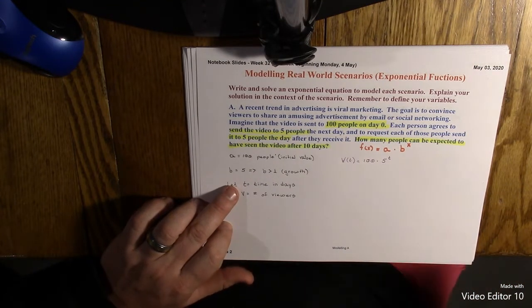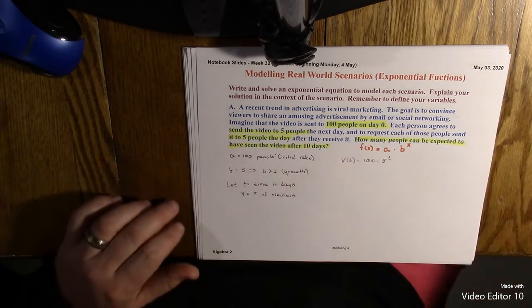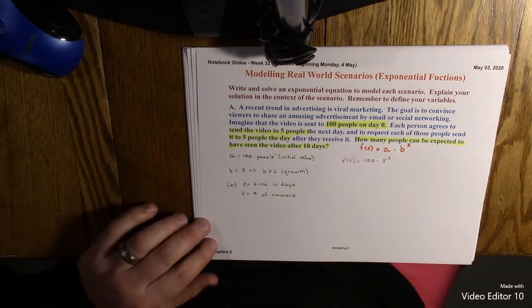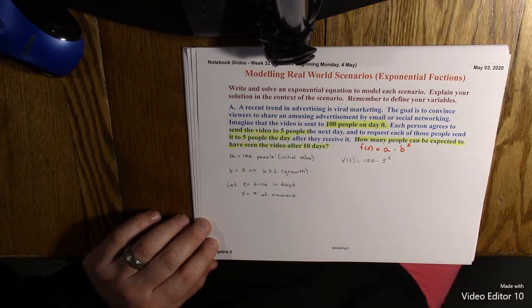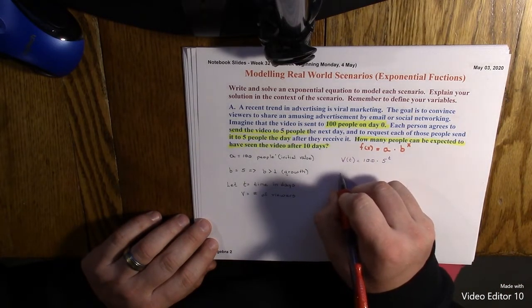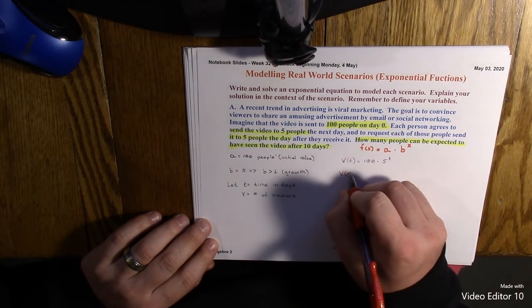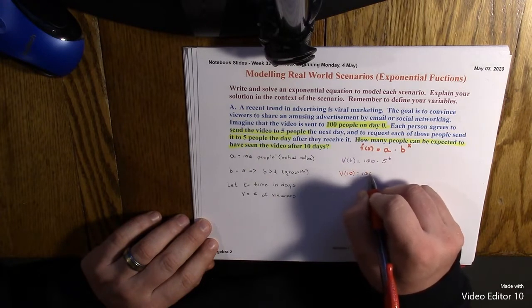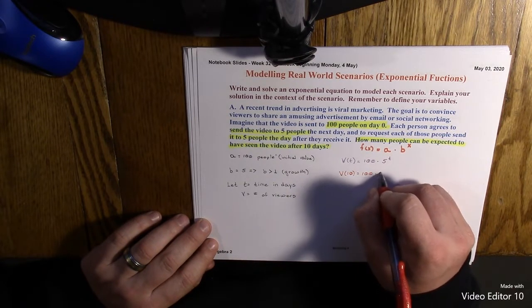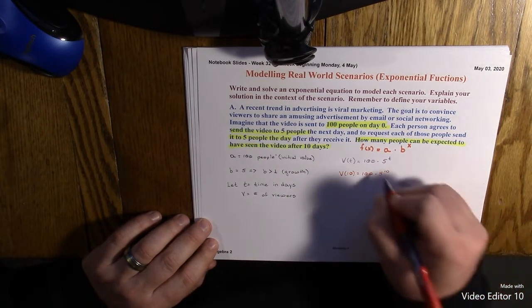But that's not the question we're asked. We're asked to find after 10 days. So t will be 10. So, therefore, we're going to look for v of 10. So 100 times 5 to the 10th.